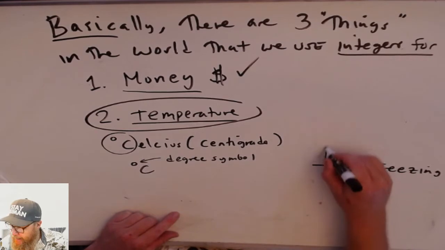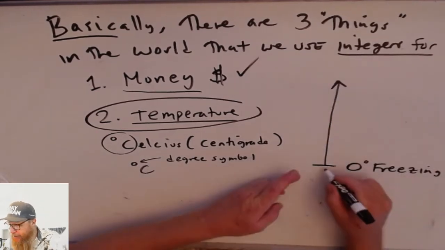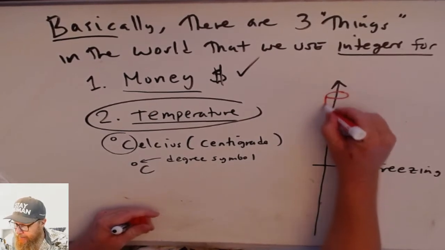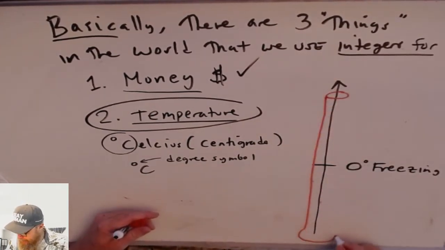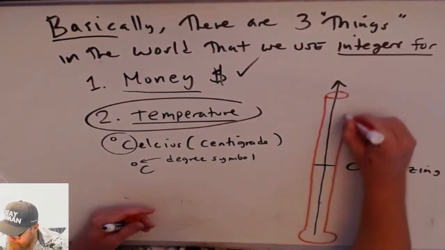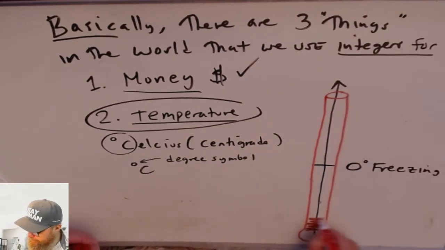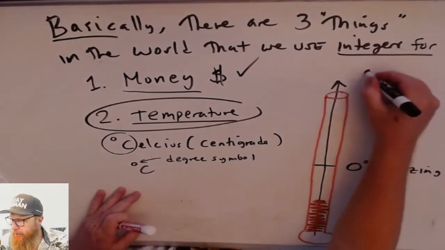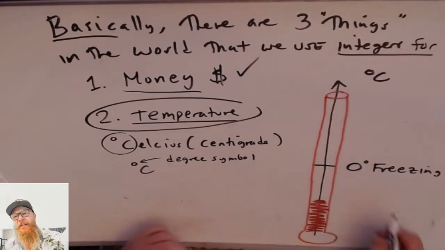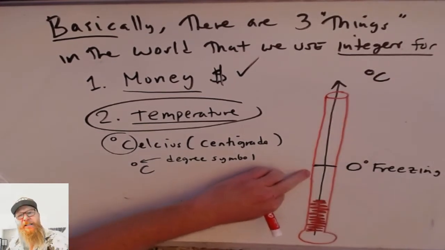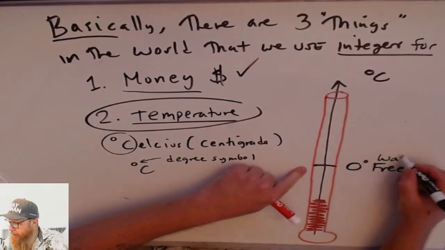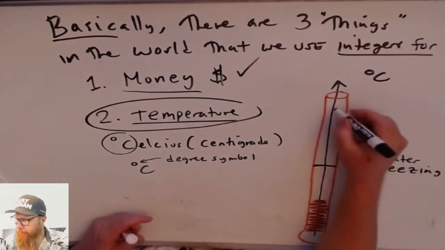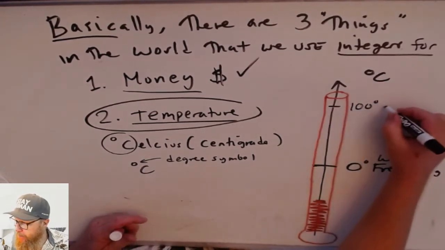You can imagine a thermometer like this, and we're doing degrees Celsius. So 0 would be freezing. Of course, that's water. We're talking about the temperature at which water freezes. 100 degrees would be boiling.